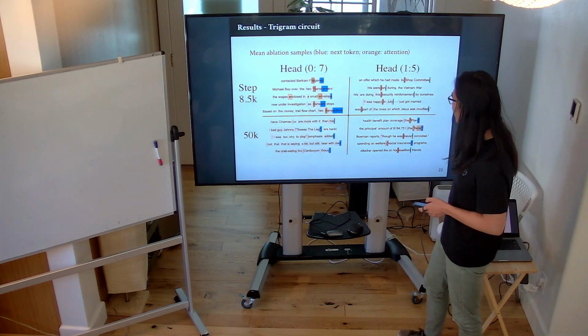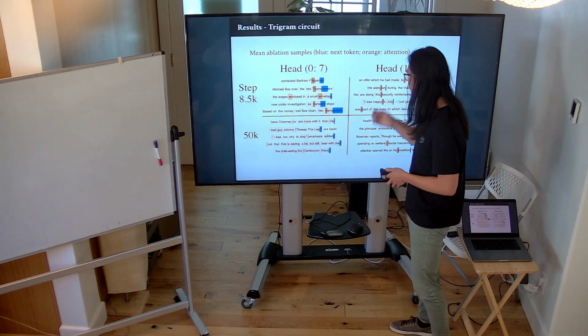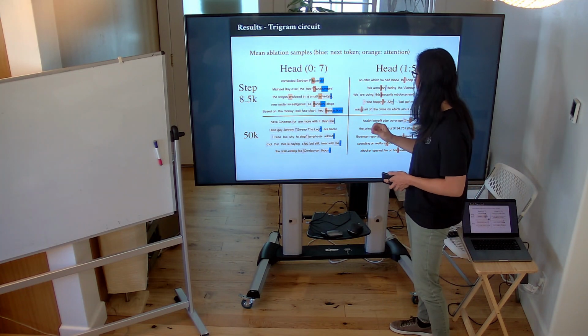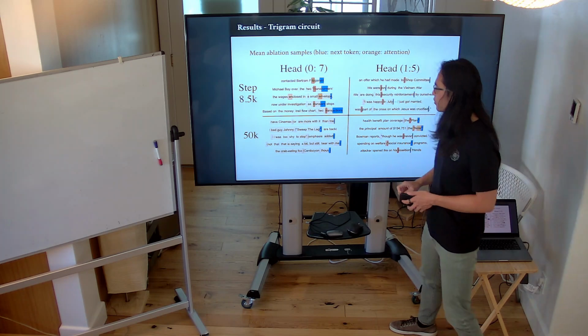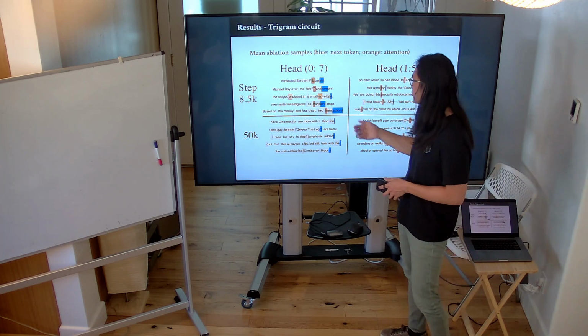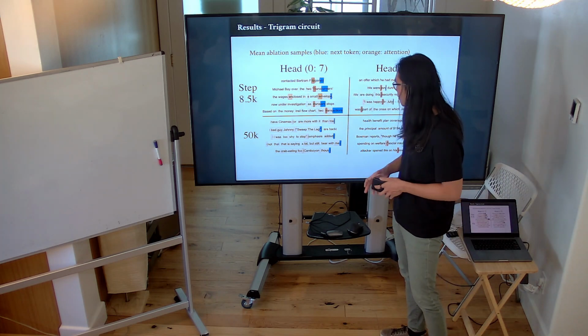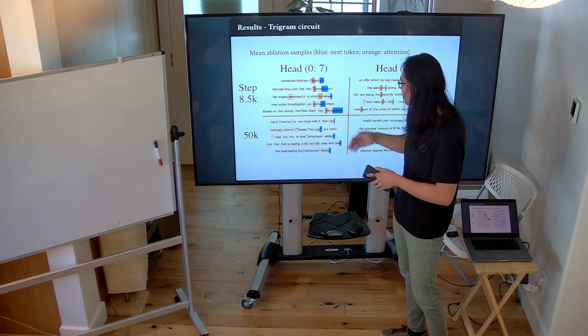If we look at the maximally impacted tokens on these samples for ablating these heads, then for one of the layer 0 heads that we think is part of this trigram circuit, it is sort of independently responsible for predicting some trigrams. It really likes the name Fitzgerald for some reason.